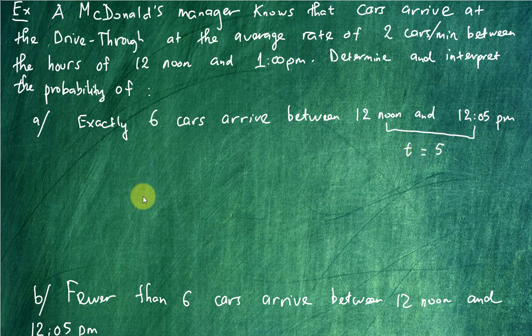And we are looking for the probability of 6 using the Poisson process.